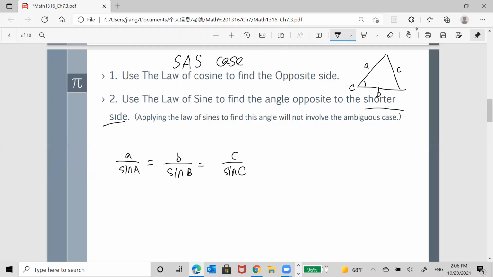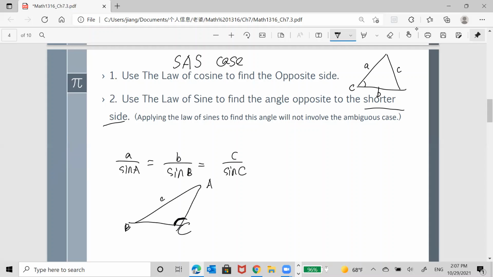What's the meaning of this? That means the side A corresponds to a bigger angle if A is the longest. So let's draw a picture. If I have an obtuse triangle ABC, and C is the greatest angle, so this angle is bigger than B and A, then the opposite side, the lowercase c, is also the longest side in the triangle.